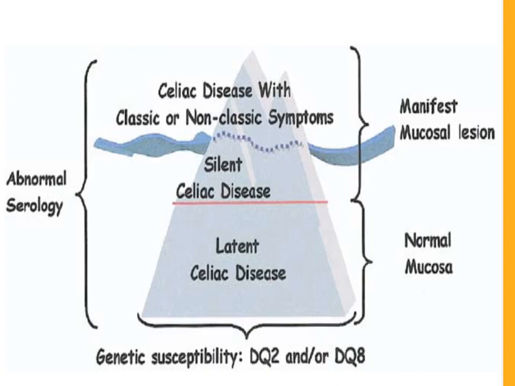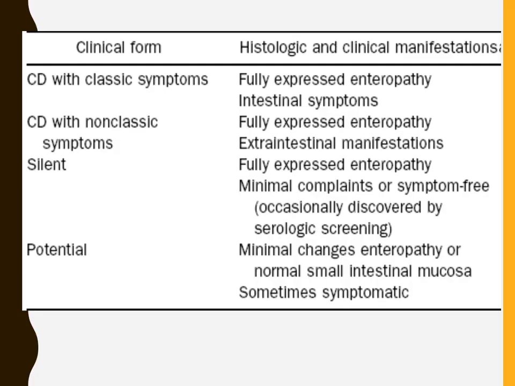And there is a huge bulk of patients called latent celiac disease who are genetically susceptible. They have DQ2, DQ8 positive, and they are waiting for the appropriate hit to enter into a celiac disease status. Again, this is just a description of what types of celiac disease we're talking about.